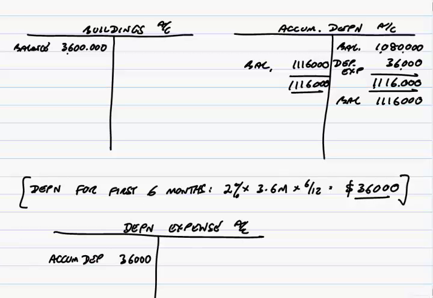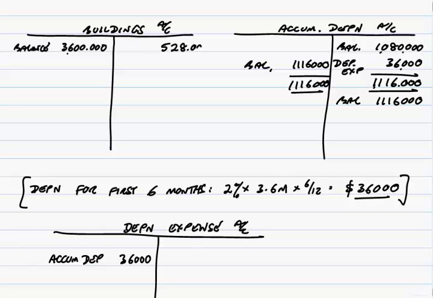How are we going to do it? Well, first of all, let's effectively change the cost. On the buildings account, always we show original cost or revalued amount. So let's change that to 3.072 million. To change it, I'm going to surely have to credit here with the difference. The difference, 3.6 million minus 3.072 million, is 528,000.